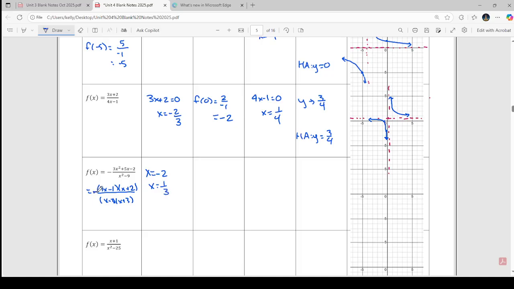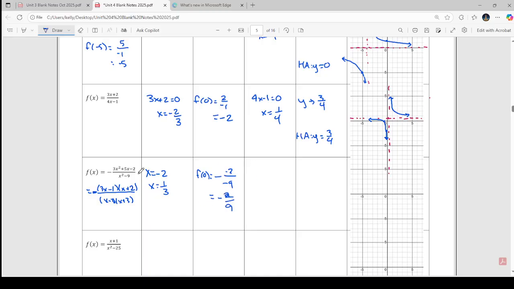So when x is negative 2 and x is a third. Note that that negative sign isn't impacting the numerator. And the y-intercept will be negative, and then those cancel out, so I'll have a negative 2, and the x will cancel out over negative 9. So overall, I have a negative number. Negative 2 over 9 is the y-intercept.